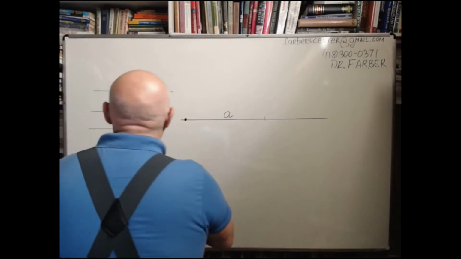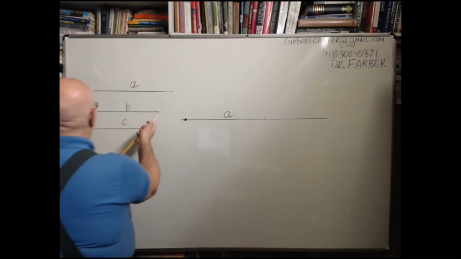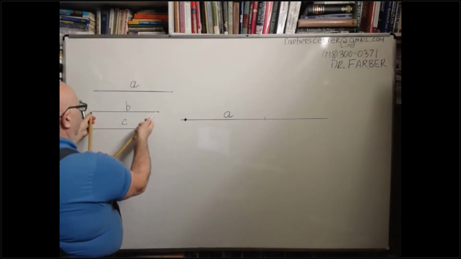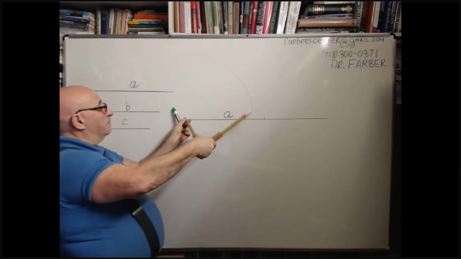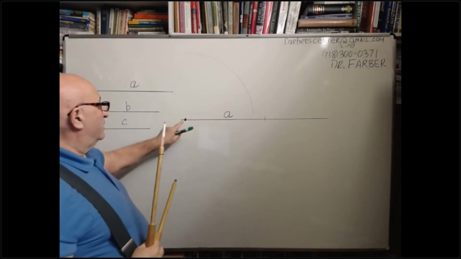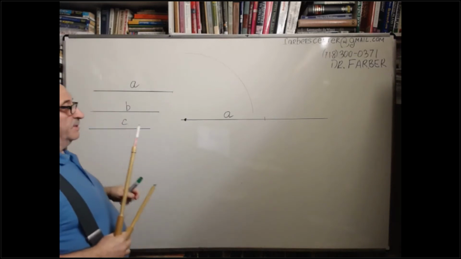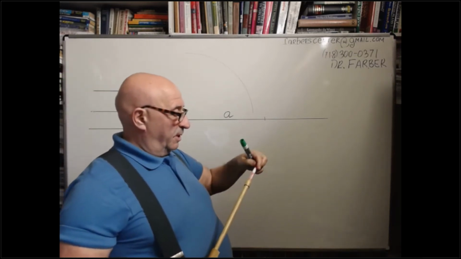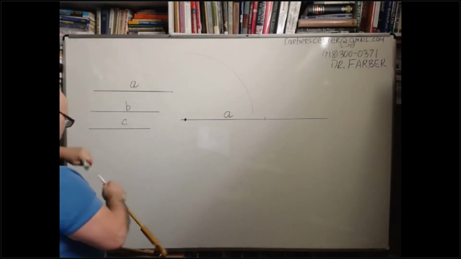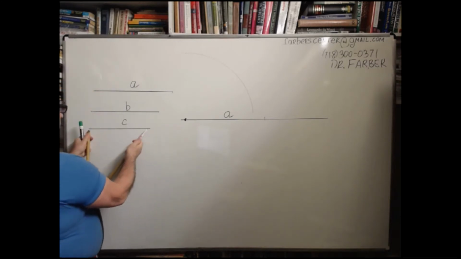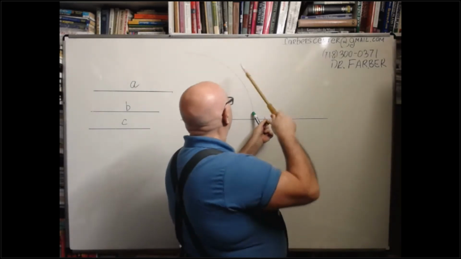After that, I'll take another segment, B. It is this big. I go to this point and make an arc. The distance from this point to this arc always equals B, because this radius equals B. Now I have another one, C. I go to the point which we had at the beginning and make another arc.